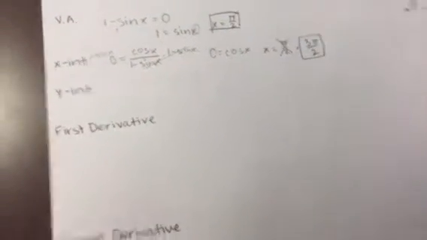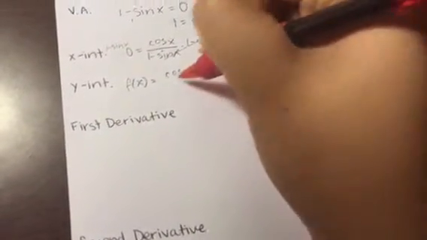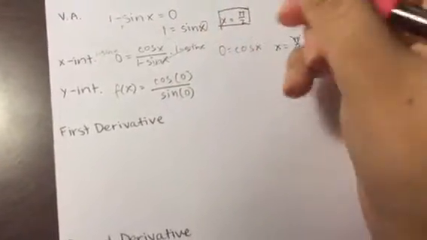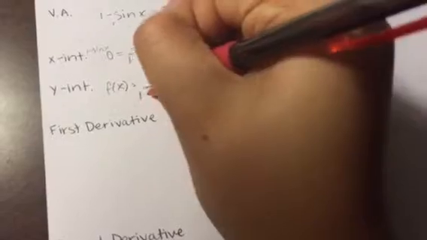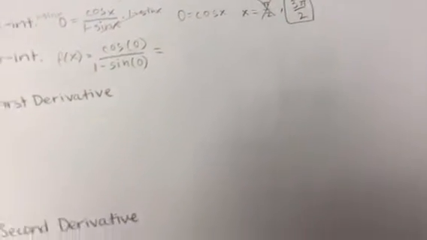Then for the y-intercepts, we do f of x, and then we plug in 0 for x. So cos 0 over 1 minus sine 0, sorry. Which equals, and then you go into your calculator.